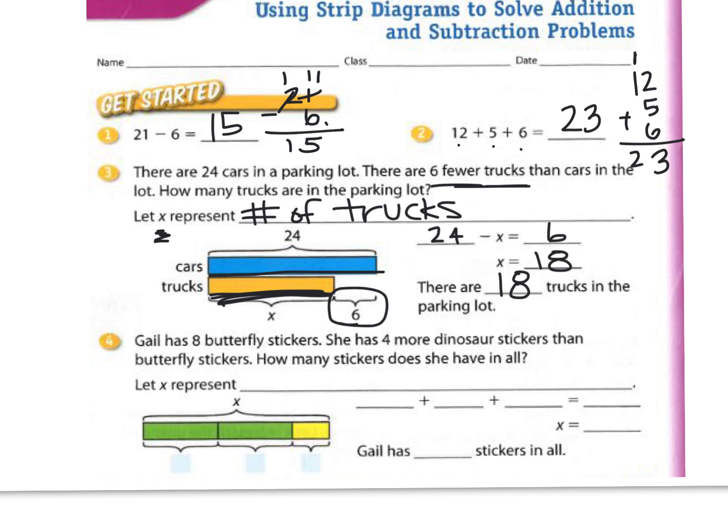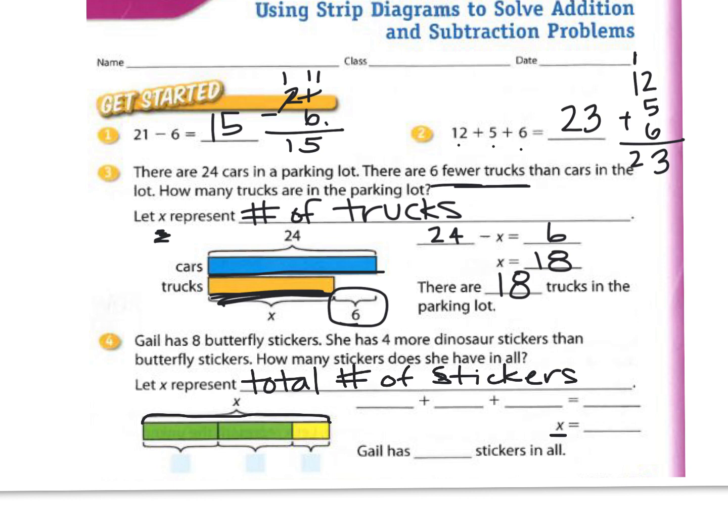If we look at this picture, x is going to represent all of her stickers, her total number of stickers. That is what x is representing because we can see that it's including all of that. So we're going to do something plus something plus something equals x.